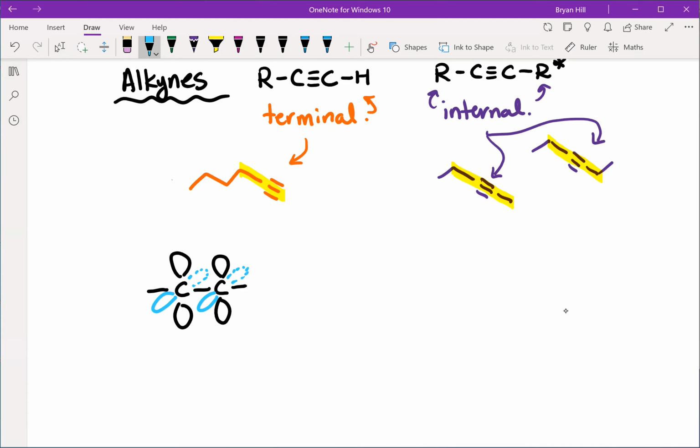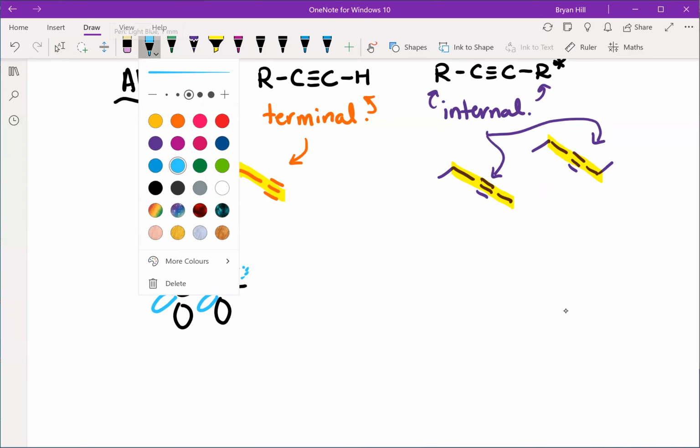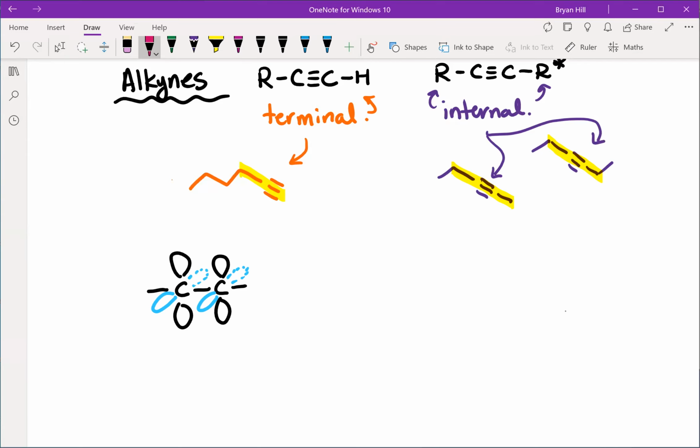Because they're linear. So remember, all of these carbons in the triple bond here are going to be sp hybrid carbons. So they've each got two p orbitals. I've sort of drawn one here. So this blue orbital is sort of pointing towards us.